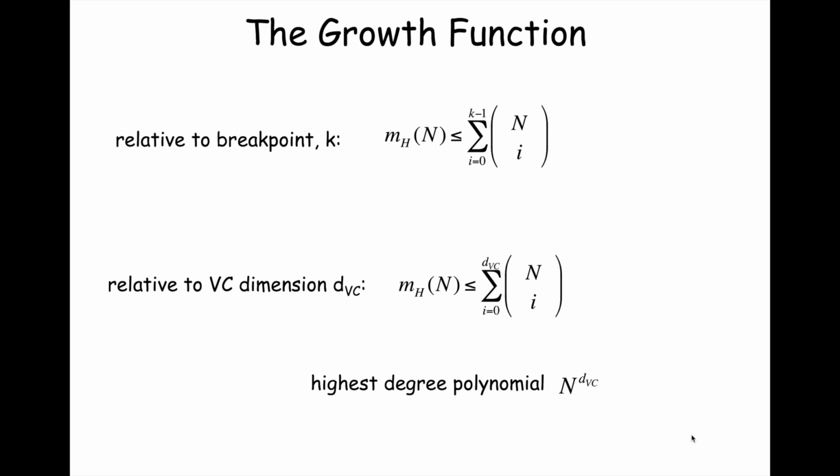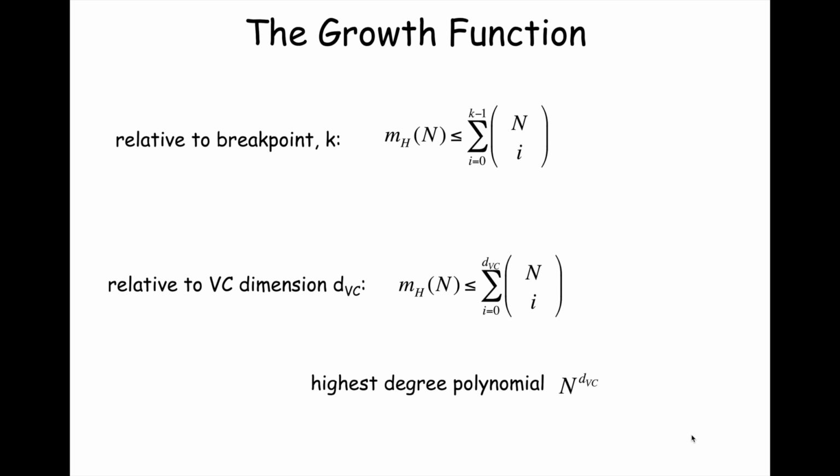And as such, if we look at the definition of n choose i, the largest term in this summation is where we have n choose d_VC. And if we expand out what the combination means, we get a polynomial where that polynomial has degree d_VC, which is the VC dimension. Does that make sense?